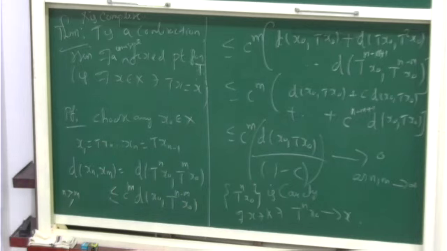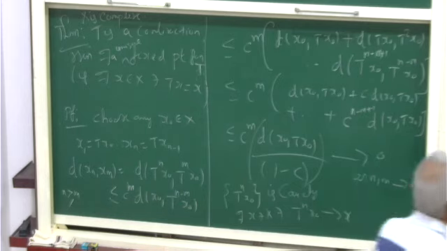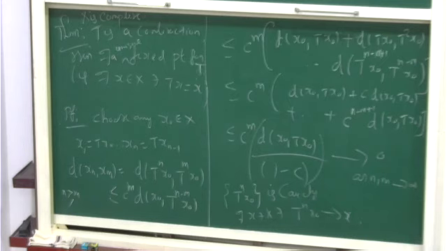T times? Yeah. Instead of d, I wrote T. Okay, T times d of x. Yeah, good. Which is x naught?